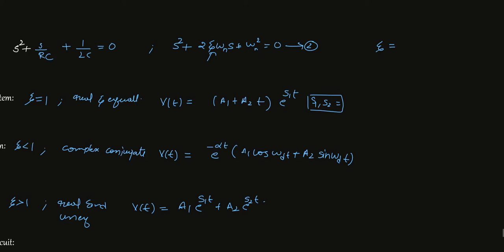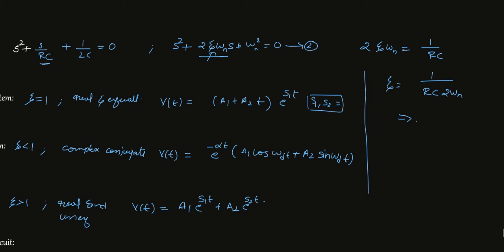You can compare this equation with the standard one. We get 2 zeta omega n is equal to 1 by RC. So from this, zeta is equal to 1 by (RC into 2 omega n).